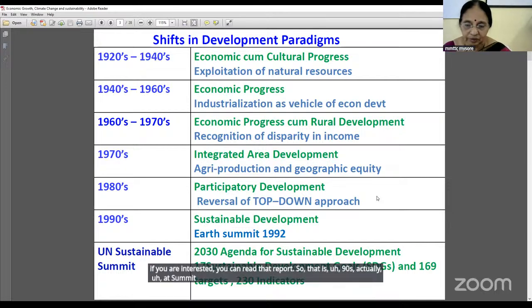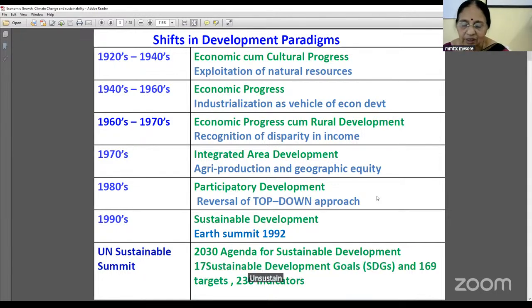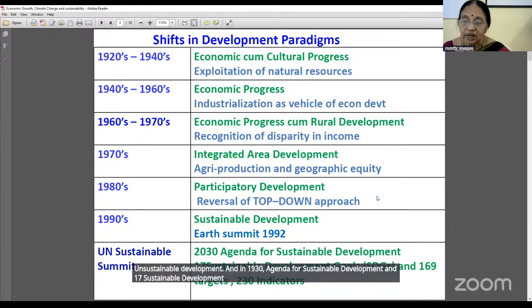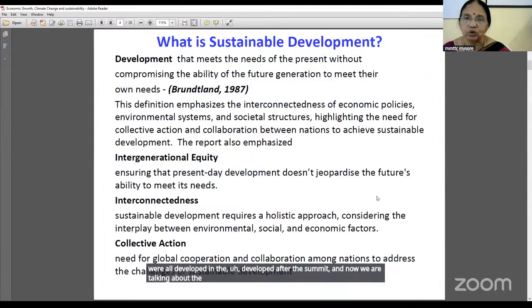The Earth Summit is the main foundation for the thinking on sustainable development. And the 2030 Agenda for Sustainable Development, with 17 sustainable development goals, 169 targets and 230 indicators, were all developed after the Earth Summit, and now we are talking about the sustainable development goals.